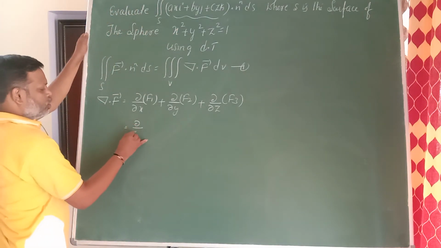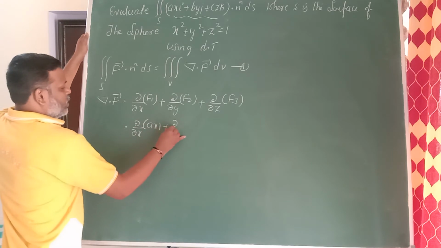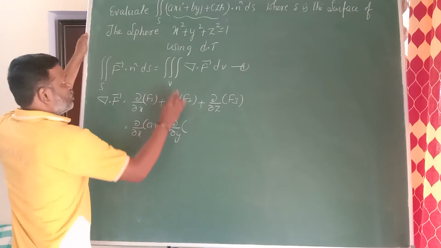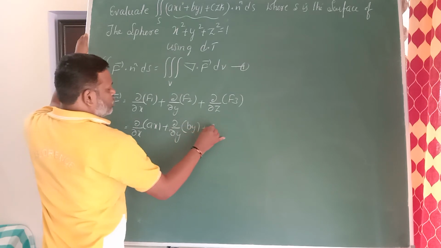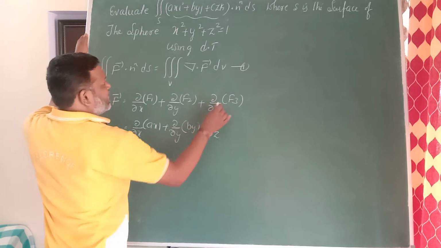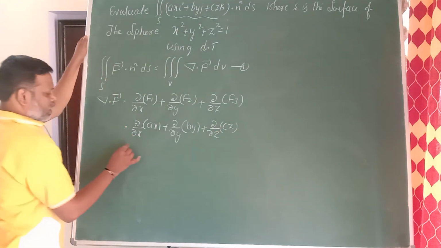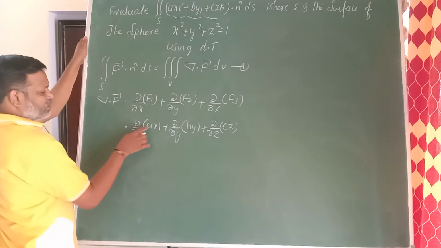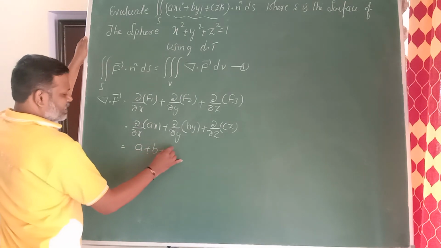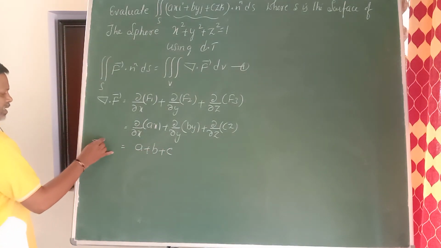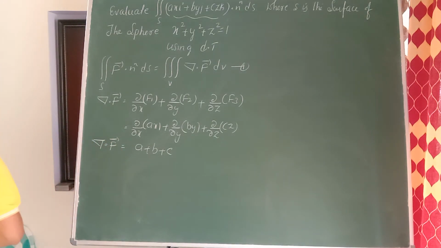So dou by dou x of F1 is ax, plus dou by dou y of F2, the second function, by, plus dou by dou z of F3, the third function, cz. Now if you differentiate with respect to x, ax gives a, by gives b, and cz gives c. This is del dot F, so this is a plus b plus c.